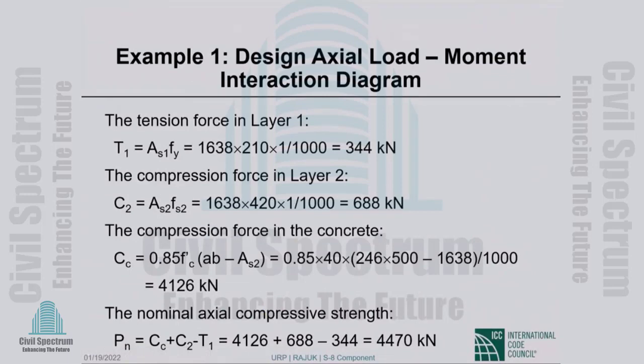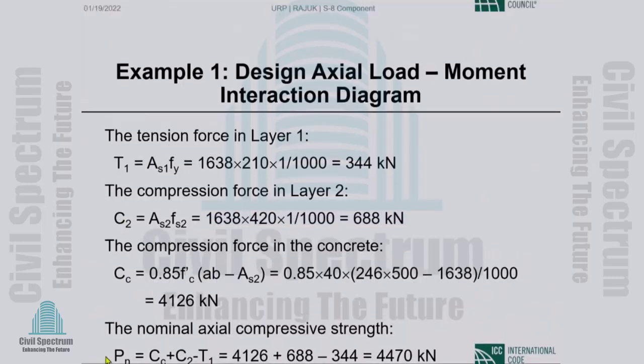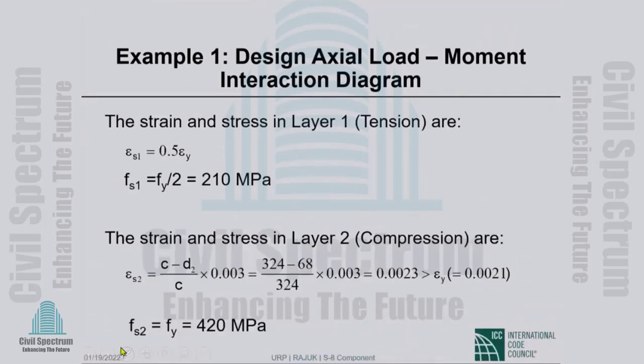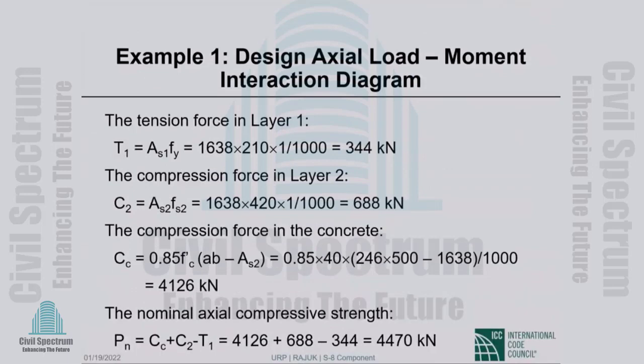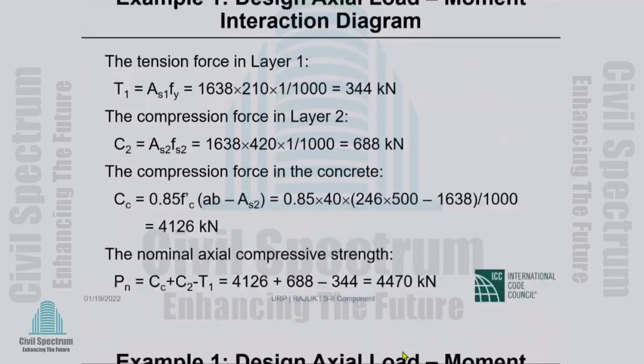The tension steel force, the compression steel force, and the compression concrete force for the calculated value of a, 4126 kilonewtons. So the axial load, P sub n, is the two compressions minus the tension, and that comes to 4470 kilonewtons.